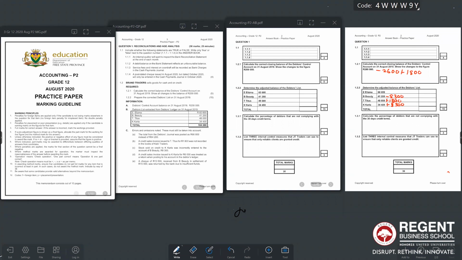Then the next one, a credit sales invoice, you sold goods on account, issued to Carla for 6,000. Be careful with this one, it was treated as a return when posting to his account in the debtors ledger. So you sold goods to Carla for 6,000.